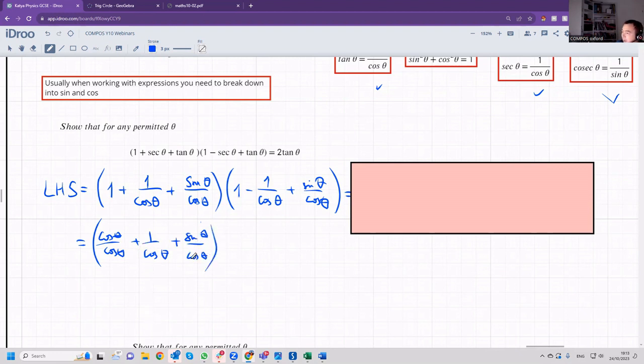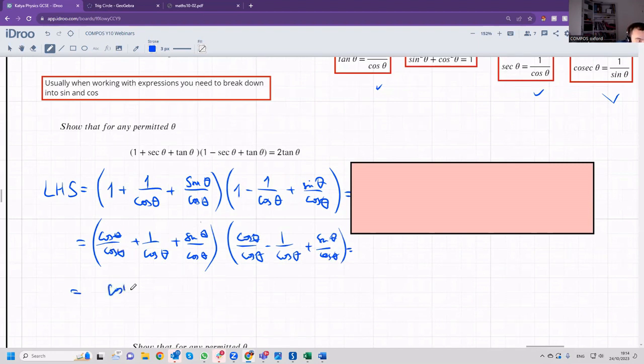Are we clear on that? Any questions here? All right. And here we have the same cos theta over cos theta minus 1 over cos theta plus sine theta over cos theta. So now I join the fractions together.